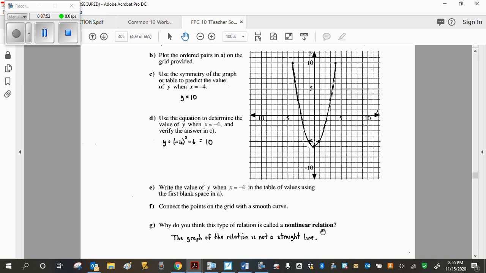Nonlinear means not a line. So go ahead and write down quadratic. You'll be seeing that word a lot in grade 11. Quadratic functions means the highest degree of x is x squared. And they give us parabolas.